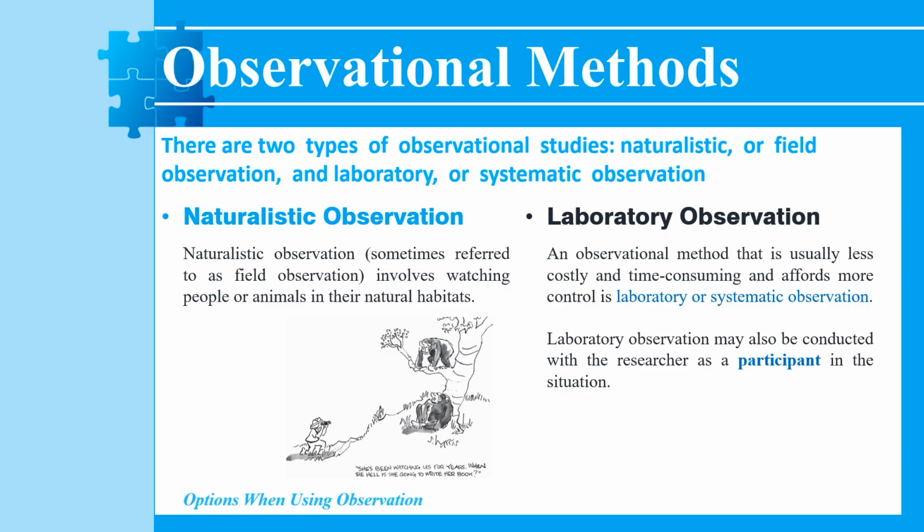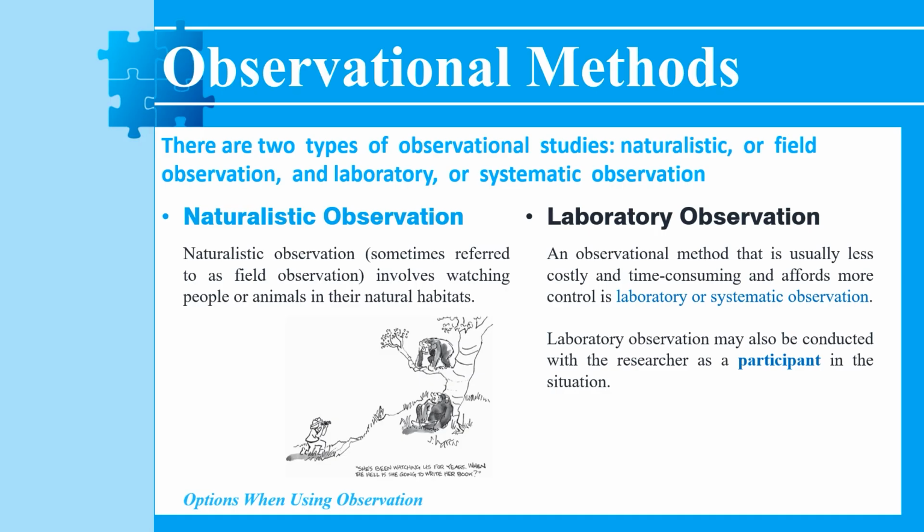Observational method, in its most basic form, is as simple as it sounds, making observation of human or animal behavior. This method is not used as widely in psychology as in other disciplines such as sociology and anthropology, because most psychologists want to be able to do more than describe. However, this method is of great value in some situations.